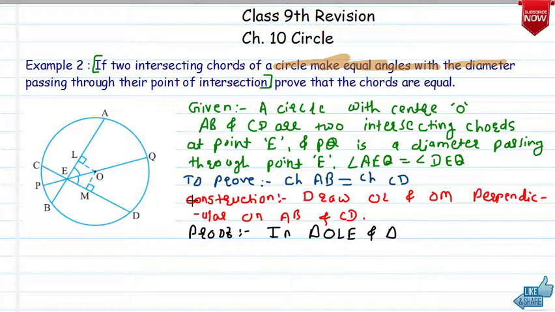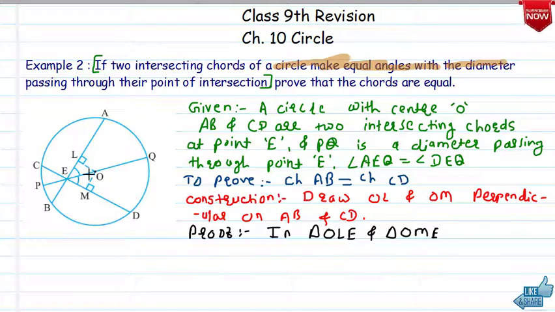In triangle OLE and triangle OME, if you observe, these angles are equal, that is given. Then these angles are also equal, because each is 90 degrees, and this side is common. So by AAS criterion, these two triangles are congruent.